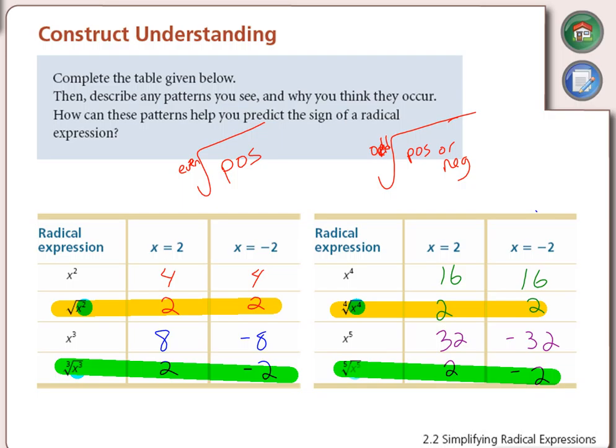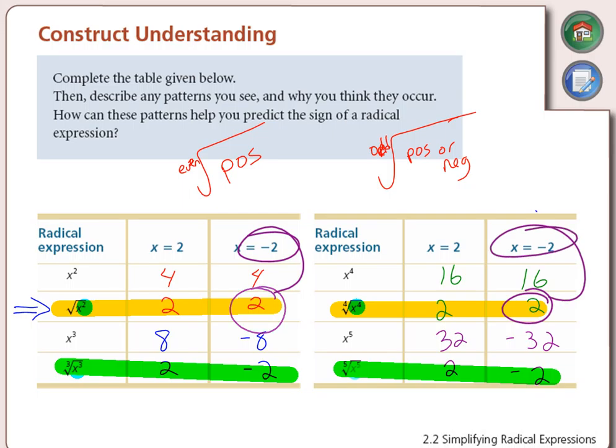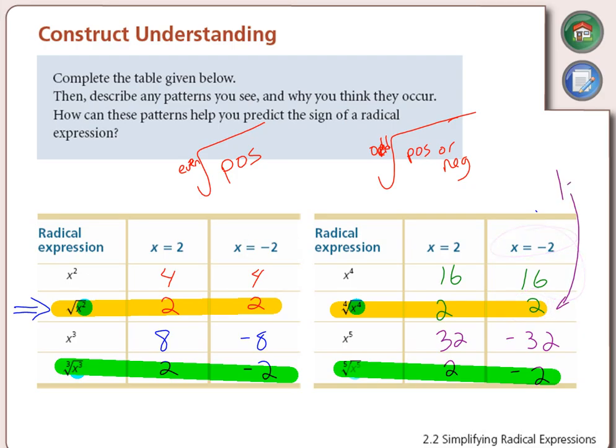Just to remind you, I jump back to where we showed that. This number was not the original x. They were the absolute value of the x.